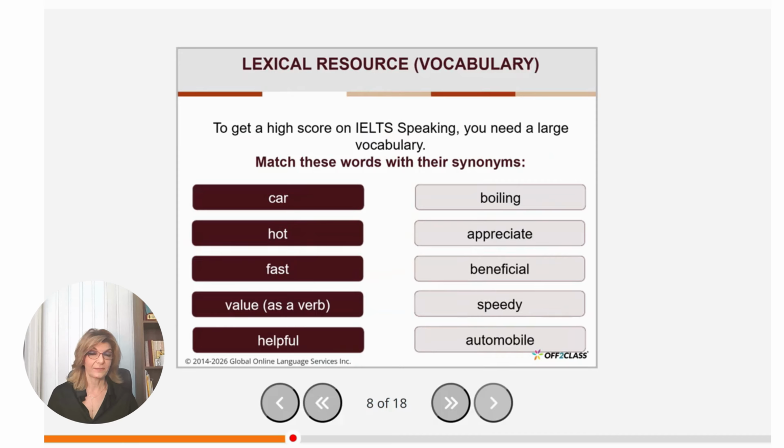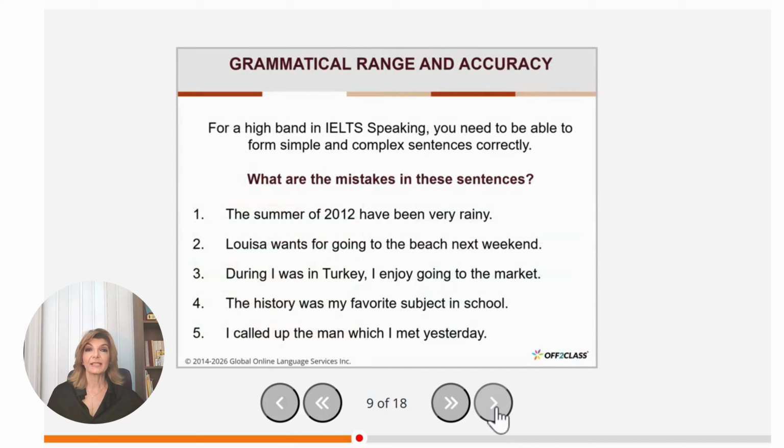So here we have a little example. Instead of saying car, you can say automobile. Instead of saying hot, you can say it was a boiling day. Fast, speedy. Value as a verb here, appreciate, or helpful being beneficial. Just a small example.